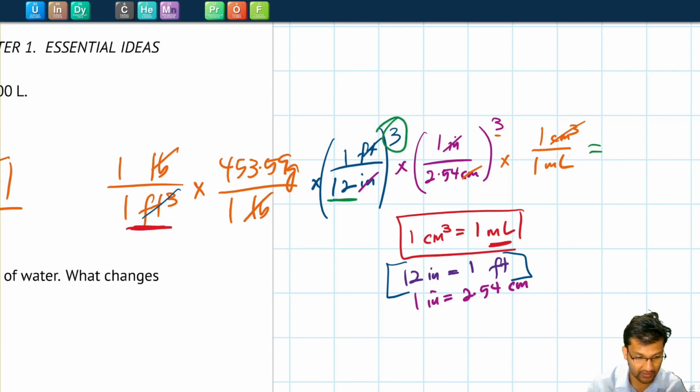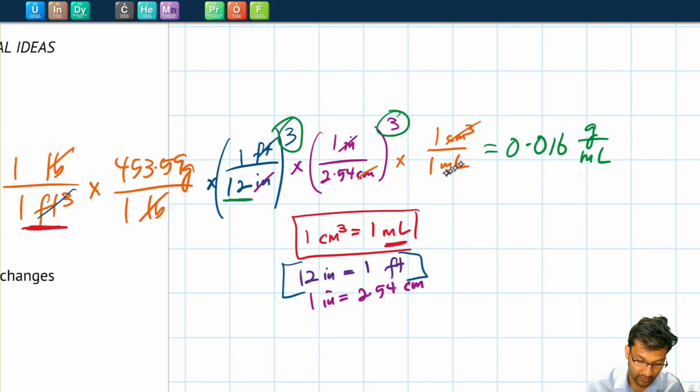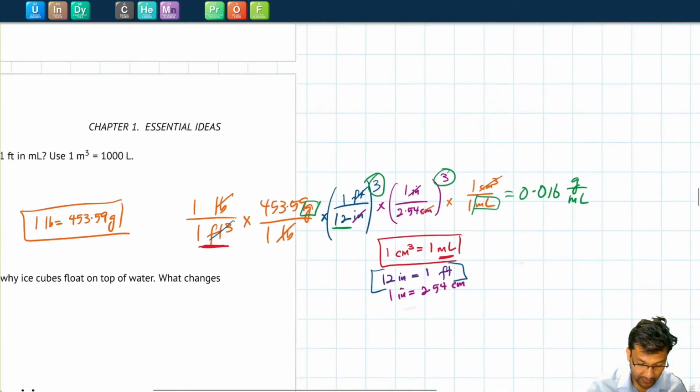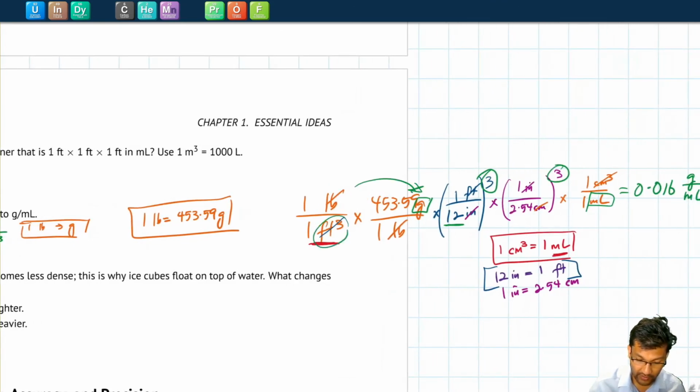Remember, cube is important, so divide by 12 cubed times 2.54 cubed times 1, and that comes out to be 0.016 grams per milliliter. Milliliter is the remaining unit for our denominator, grams is the remaining unit for our numerator. So there's our answer. We just focused on 1 unit at a time: pounds to grams first, then feet cubed to milliliters second.